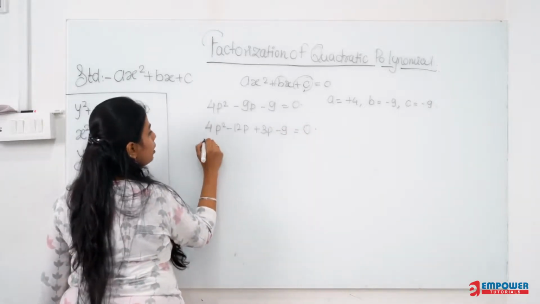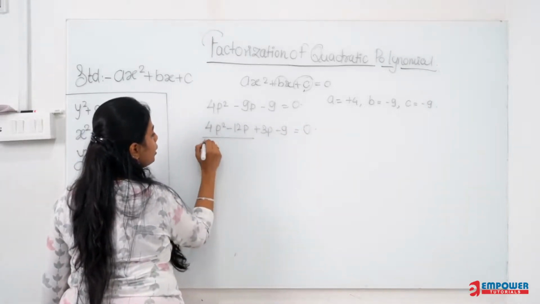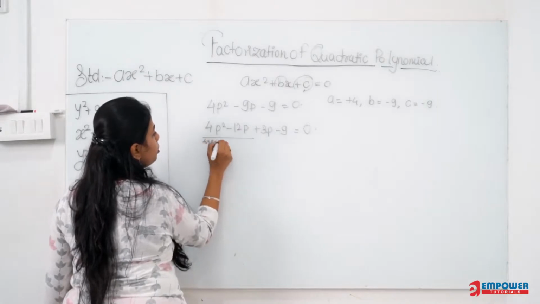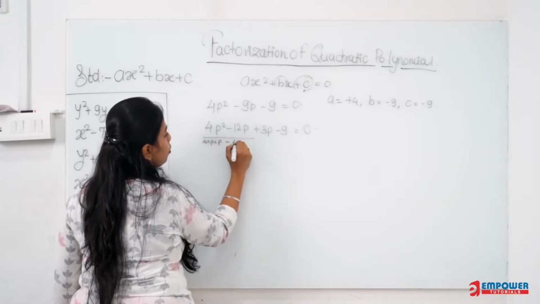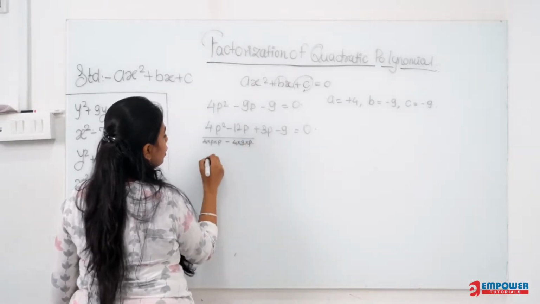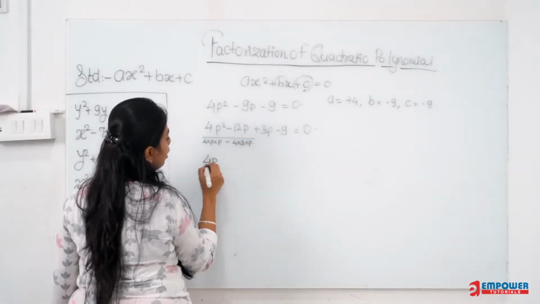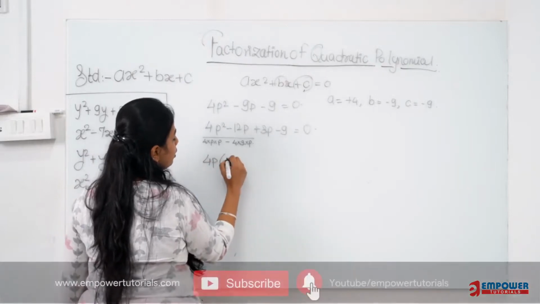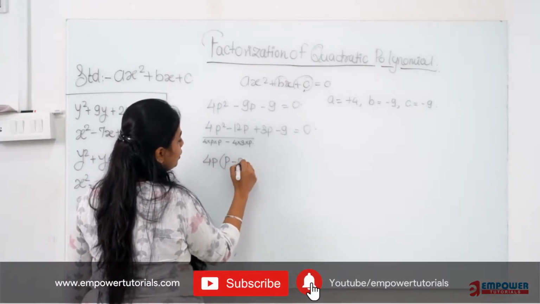You can write this as 4 into p minus 4 into 3 into p. Here I will take 4p as the common factor, and in the bracket I will have p minus 3.